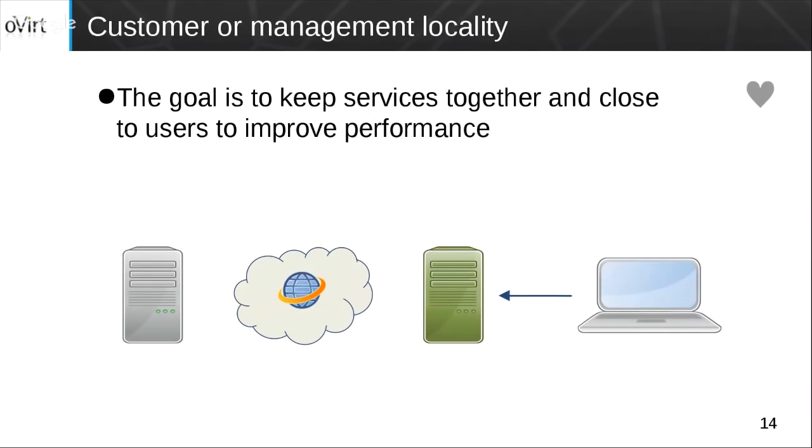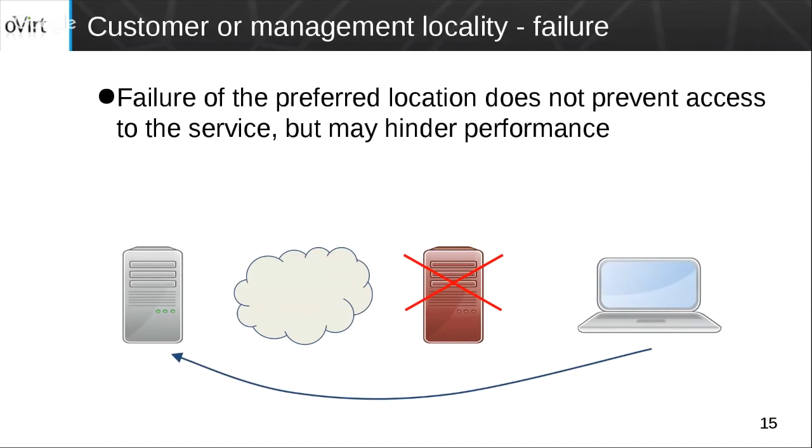Okay, so here's a good example for soft affinity. Let's say we have a VM that runs on a server that is close to it in terms of connectivity. This host fails, so the VM migrates to another host that is far away in the network. So it means the performance is hindered.